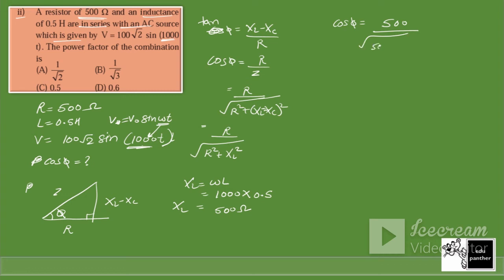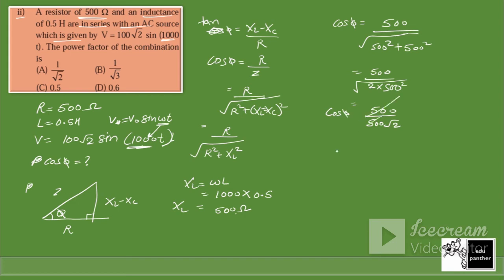Then the square root of 500 square, that is R square, and XL is 500, so 500 square. So this is 2 into 500 square, and taking the square root, that is 500 root 2 only.